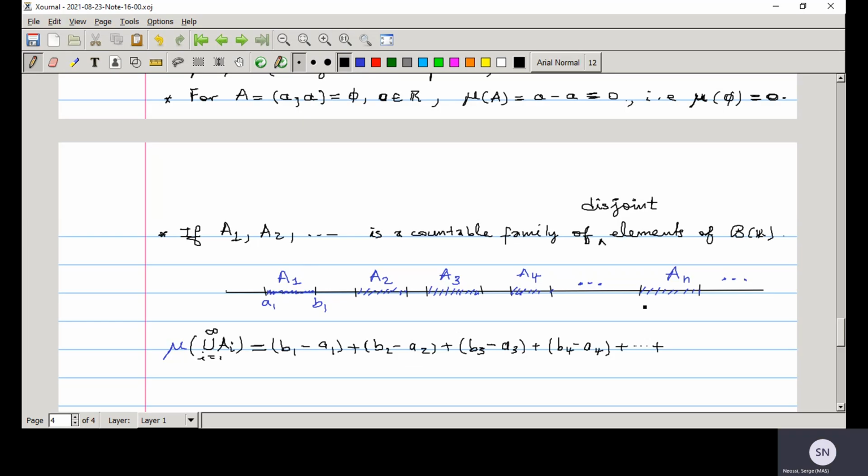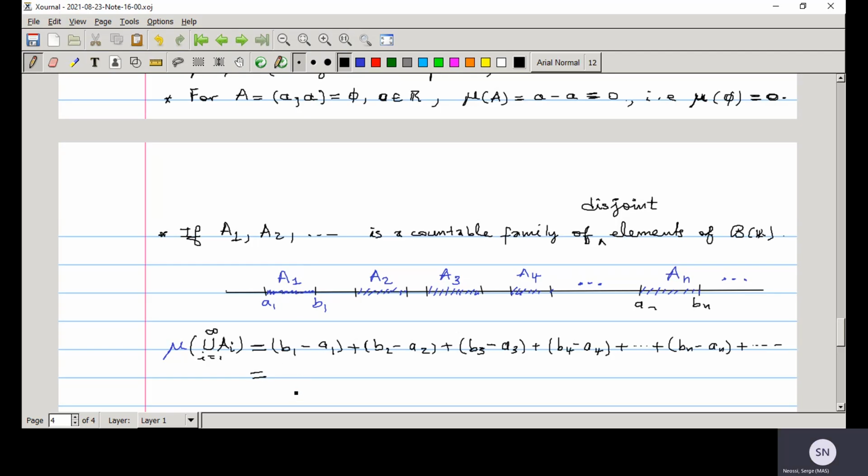Here you have An, Bn, Bn minus An plus, and it will continue forever. And what is this?